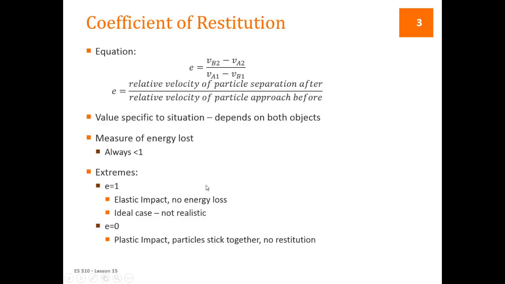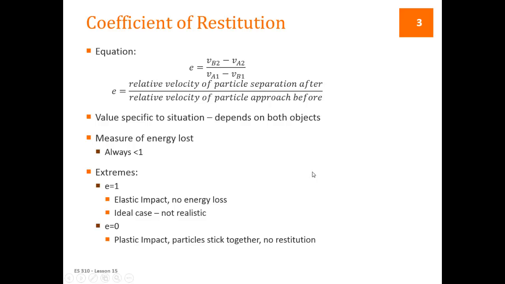So mathematically, the velocities after are on the top, the velocities before are on the bottom. All right, so 2's are on the top, 1's are on the bottom, and they're in the reverse order. So if we do VB2 minus VA2, then it's going to be VA1 minus VB1.